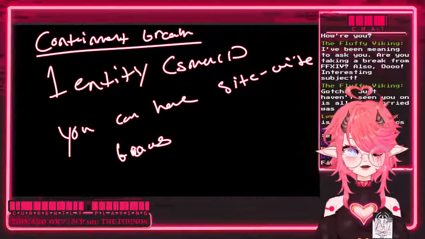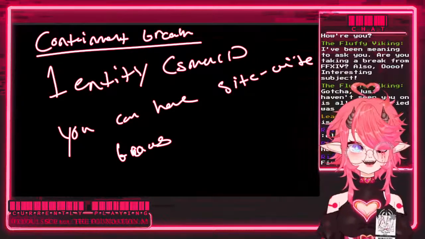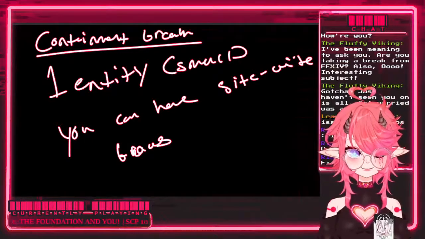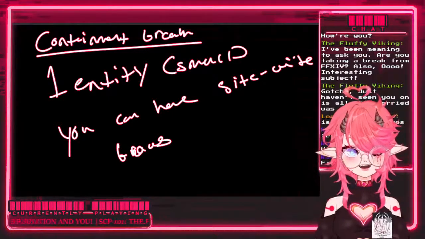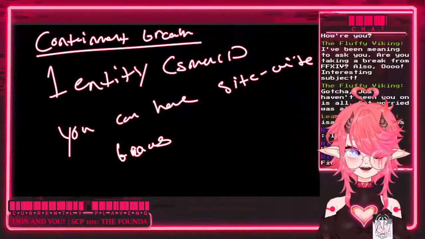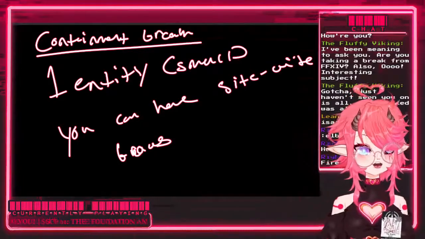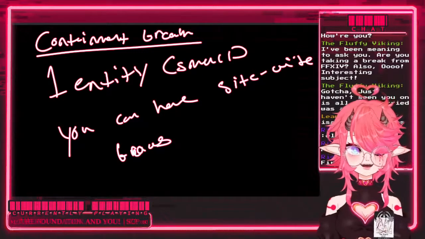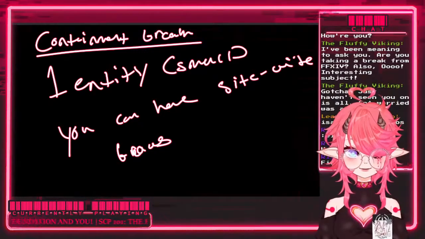If you pick that up and you take it outside of its containment chamber, it has breached containment. Or, in a rare case, one entity could get out and accidentally free a whole bunch of other entities, and then suddenly you have a site-wide breach.